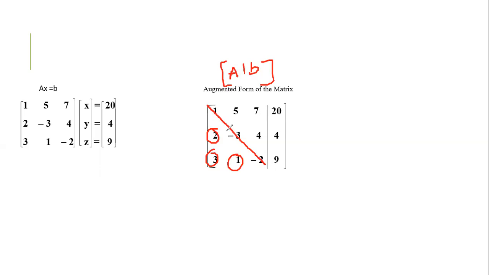So let's see the steps involved in reducing this matrix to obtain the upper triangular matrix. This is how it's going to look. The first step is the operation R2 minus 2 times row 1. This is row 1, this is row 2, this is row 3.